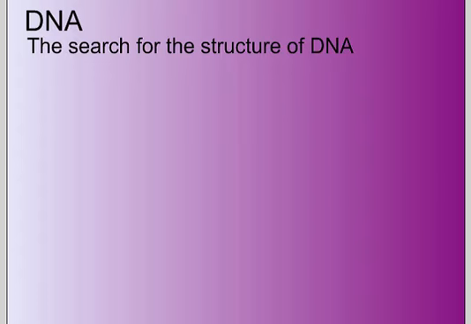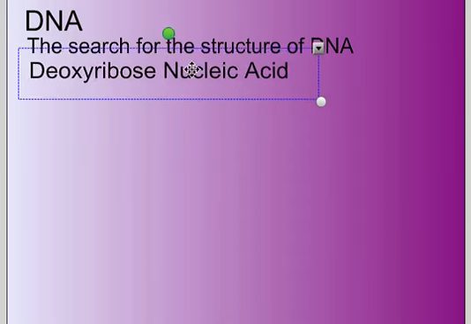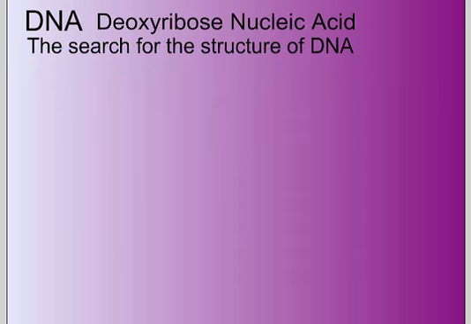And they knew DNA had some sugar in it, deoxyribose, because DNA stands for deoxyribonucleic acid, which maybe I should type up for you. There you go. Deoxyribonucleic acid. That's what we're dealing with here.